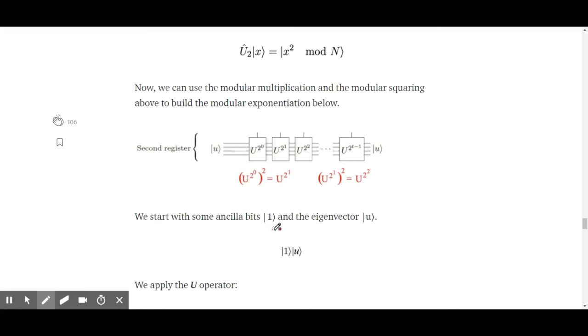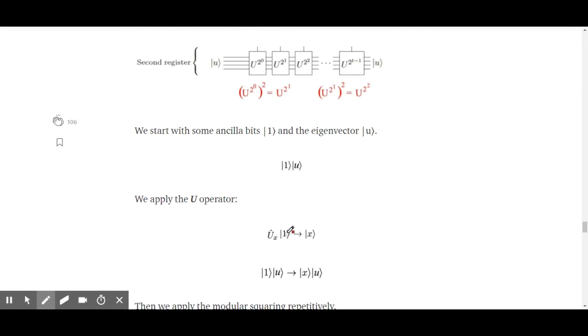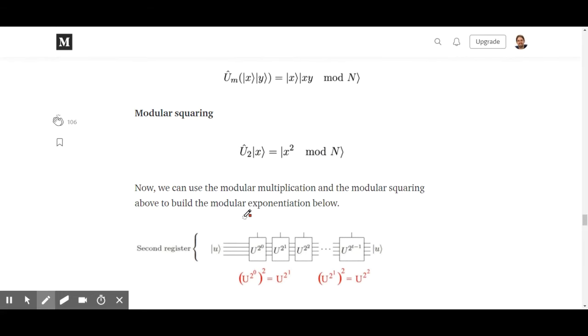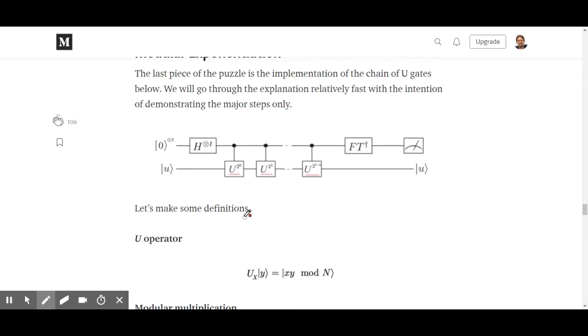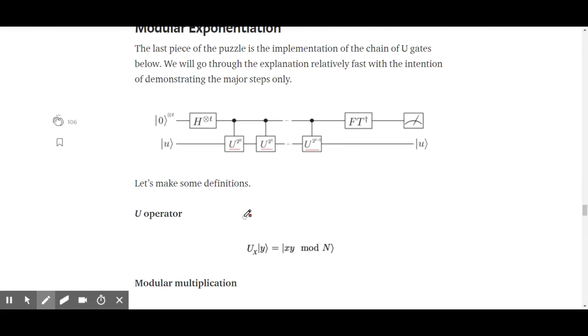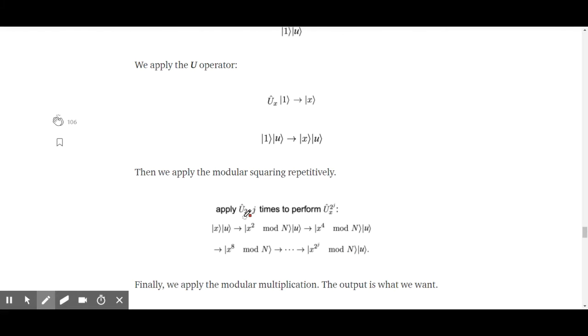We start with some ancillary bits 1 and the eigenvector u. We apply the u operator. We want to turn 1 into x. But what the hell is x? Then we apply the modular squaring repetitively.